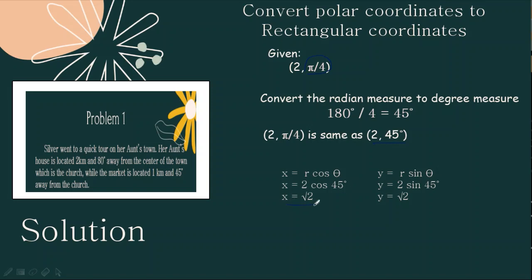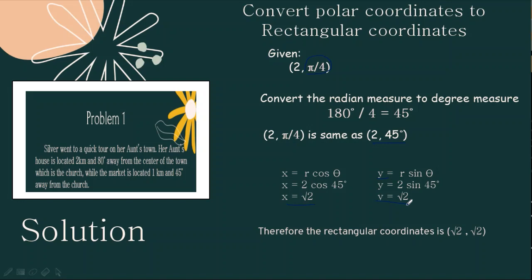We will get square root of 2. And in getting the y variable, again, we have r sine theta. The radius is 2, the polar angle is 45 degrees. Therefore, our y is square root of 2. So the rectangular coordinates are square root of 2, comma, square root of 2.